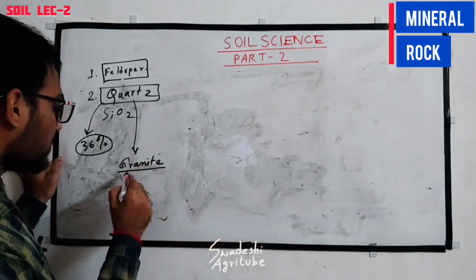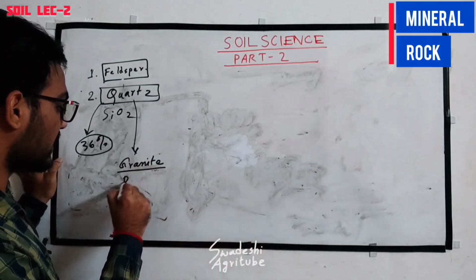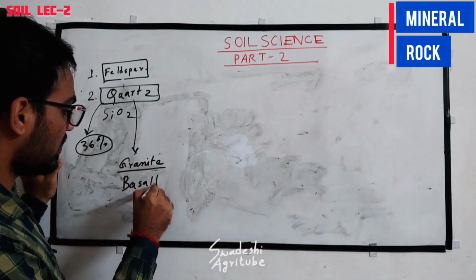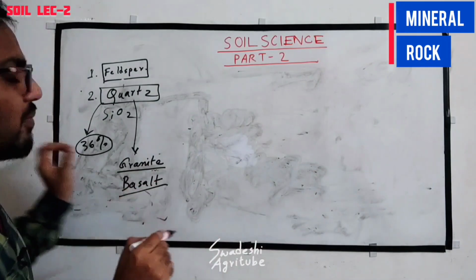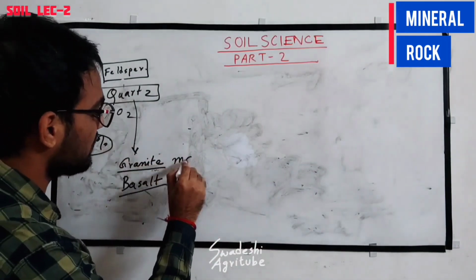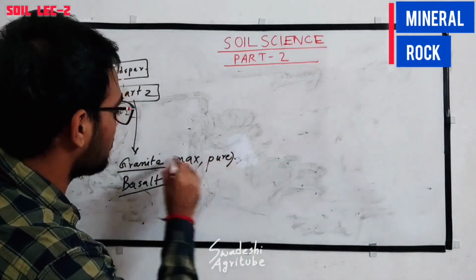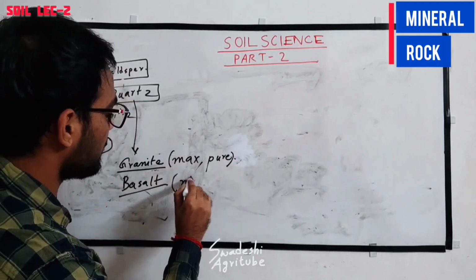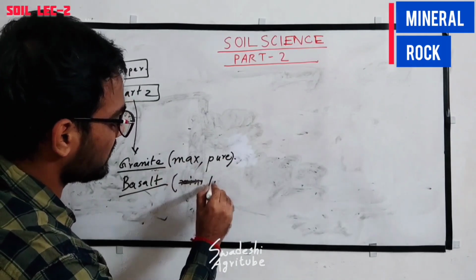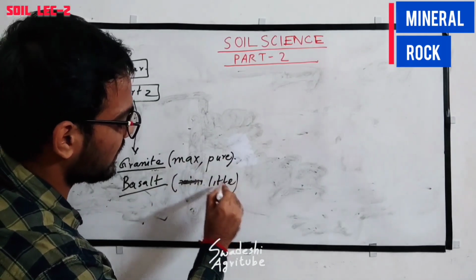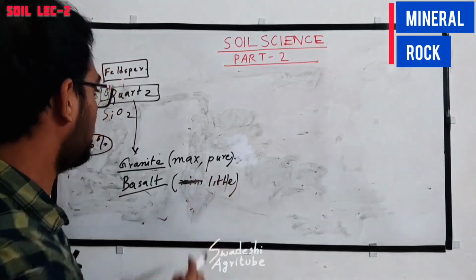The basalt rock has the minimum percentage of quartz. So granite has the maximum and pure form of quartz, and basalt has a little amount of quartz. These are the three important points regarding quartz you have to remember.